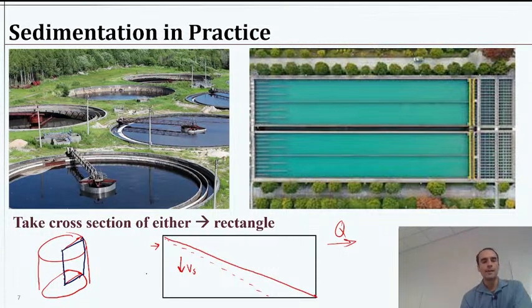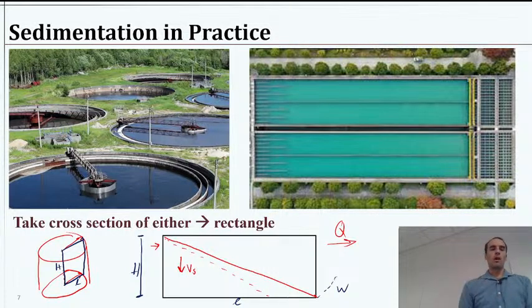So in this case, this is the height, and then we have a length, and then we could also think about the width. So in this case, this would be height, this would be the length, and in the circular one, we don't have a width, but we have an area is pi r squared, right?